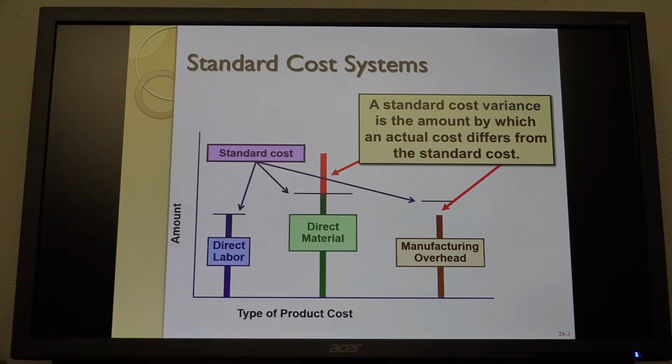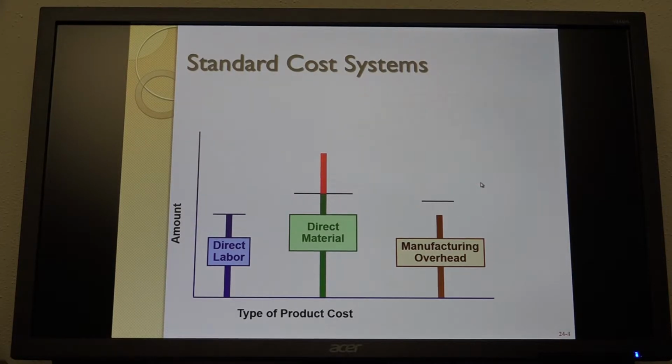And of course, the standard cost variance is the amount by which actual costs either exceed or are below the standard costs. So standard cost is a means of comparison with actual costs.